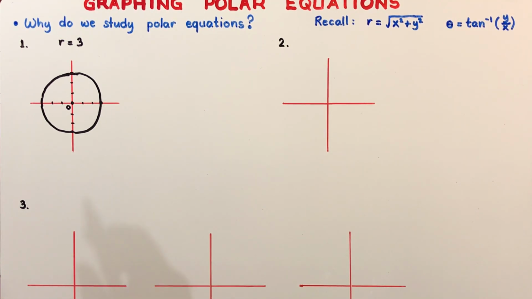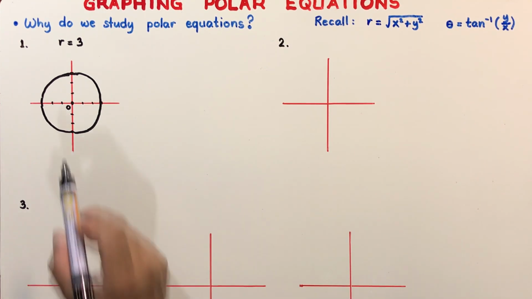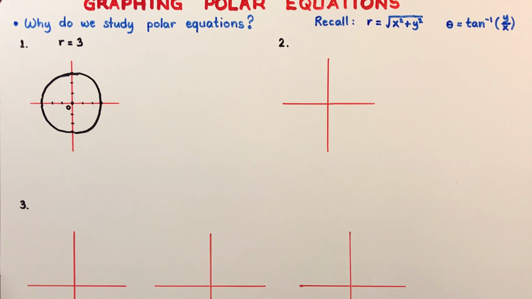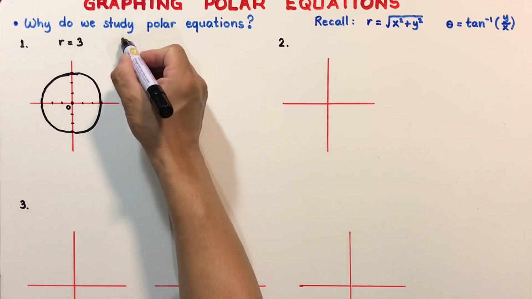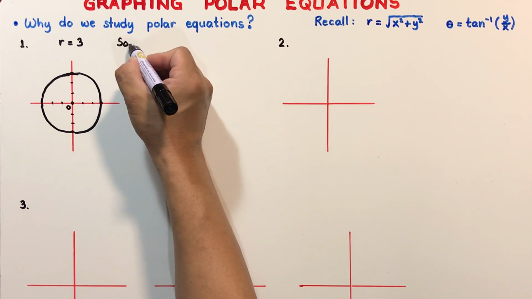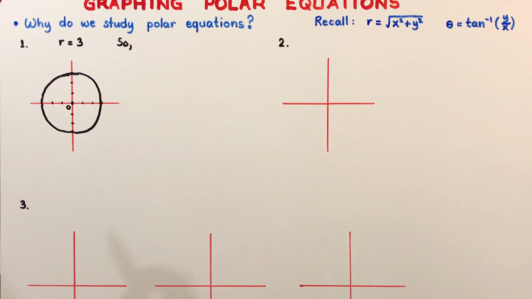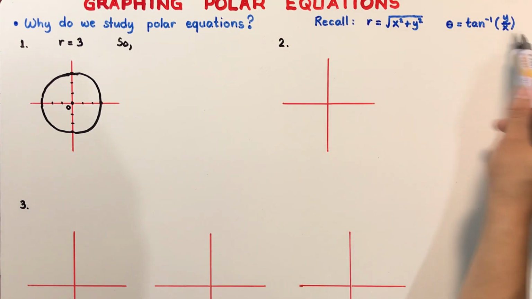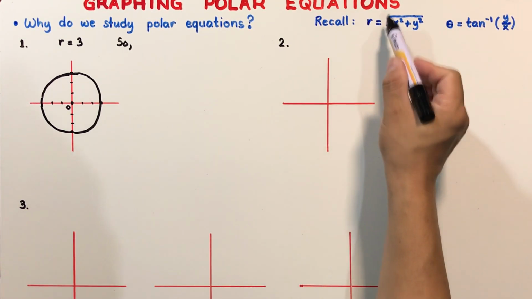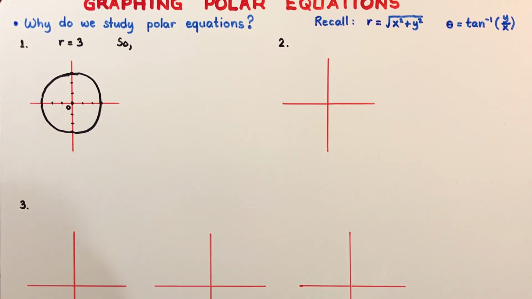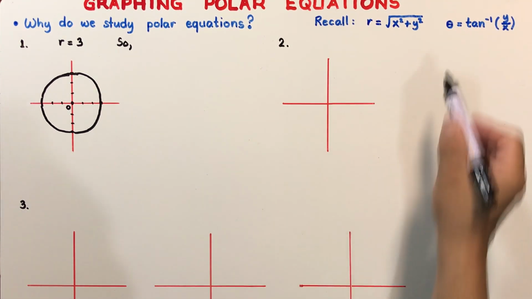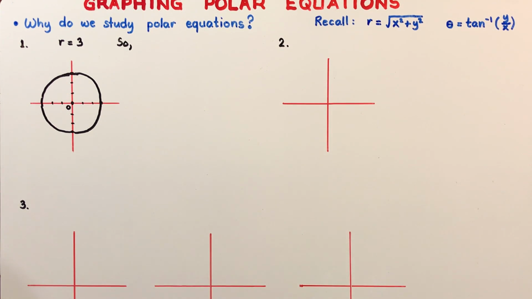And I can show to you that this is really a circle when I convert this polar equation to its corresponding rectangular equation. So to convert this one to its equivalent rectangular equation, we must recall our formula that we derived in the previous videos, that r is equal to the square root of x squared plus y squared, and theta is equal to the arctangent of y over x.